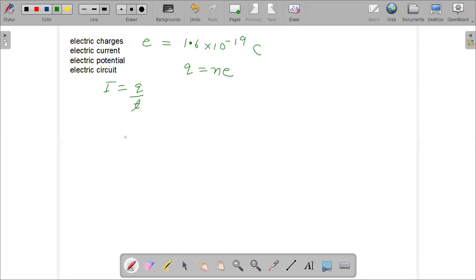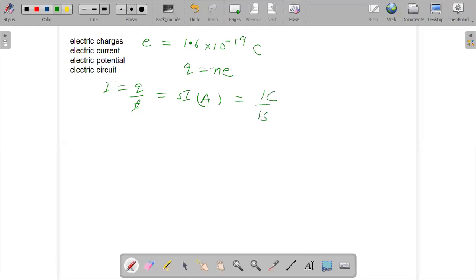Q is the charge, t is the time. So the amount of charge per unit time is called electric current. The SI unit of electric current is ampere, which is defined as 1 coulomb per second.